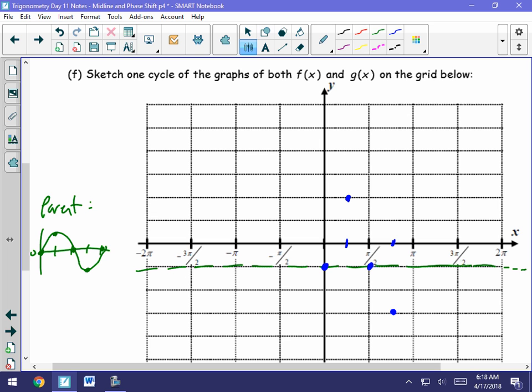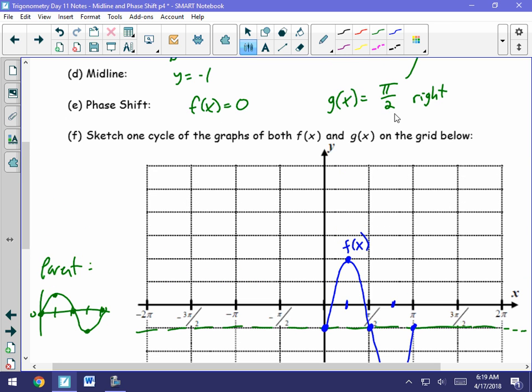Did I count wrong? Oh yeah, sorry, got to be one more further down. 3 below the midline. 1, 2, 3 would be down there. Okay, and then it finishes here at the midline. Again, a little strange because we're trying to squeeze it into that small space there, right? But that's f of x.